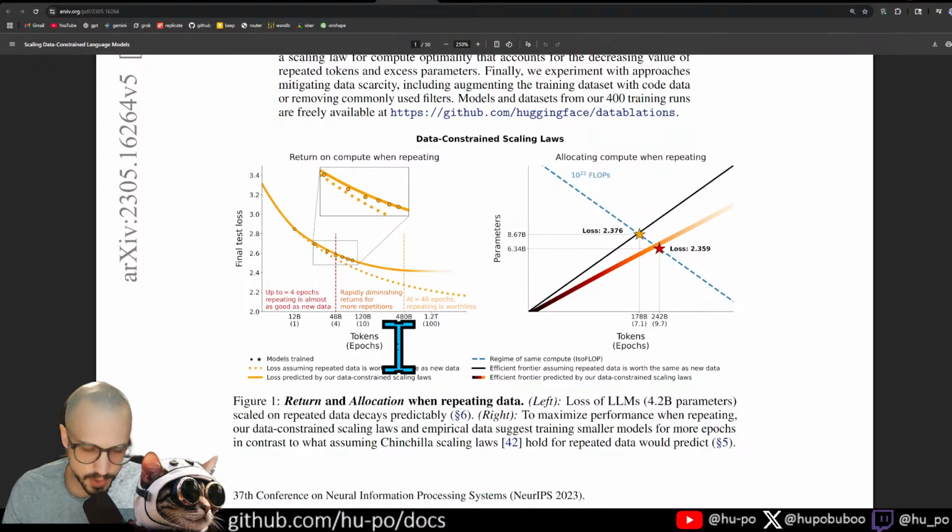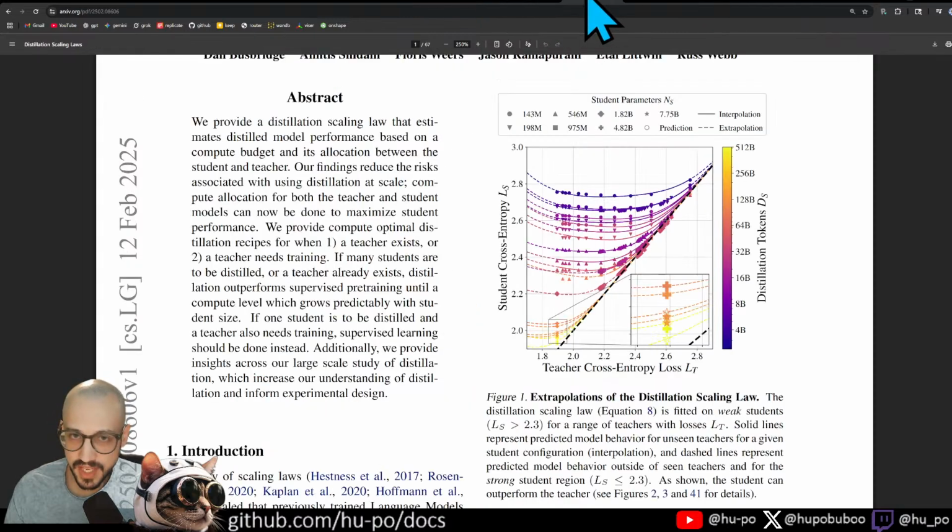What they do in these papers is they'll train multiple different sized models for different amounts of time, maybe on different size data sets, right? And then they'll compare the test loss. So they'll say, okay, here are different size models trained on different sizes of data. In this one here, they'll have maybe the relative size of the student model versus the teacher model.